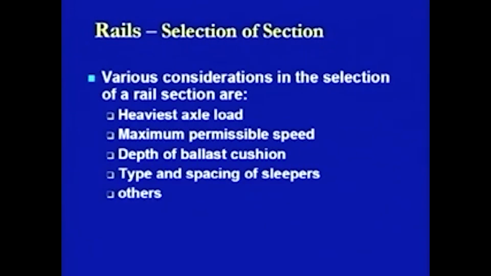Now, coming to the next point, the selection of the section. There are different factors which need to be taken care of in the selection. The very first is the axial loads coming from the top. Depending on the heaviest axial load, we have to use a type of rail section, and there is a certain relationship between the axial load and the type of section.